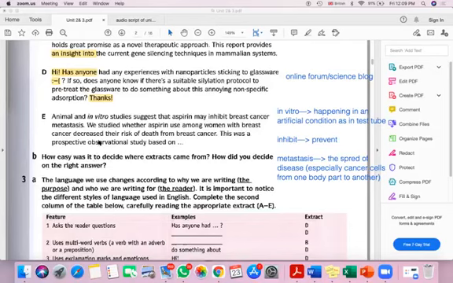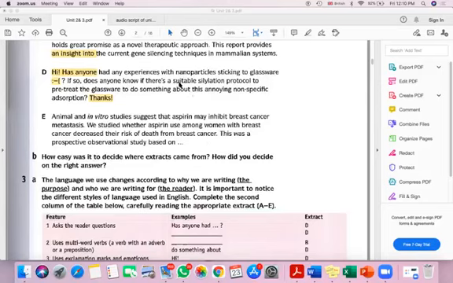cancer. This was a prospective observational study. What is the meaning of prospective observational study? Let's open the whiteboard.